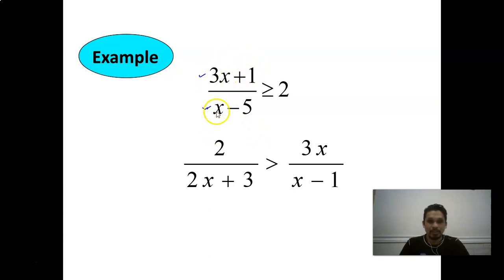In rational we have f(x) divided by g(x), an inequality sign, and this is linear, 3x plus 1 and x minus 5, and another one here, two rationals on the left and right side of this sign of greater than.